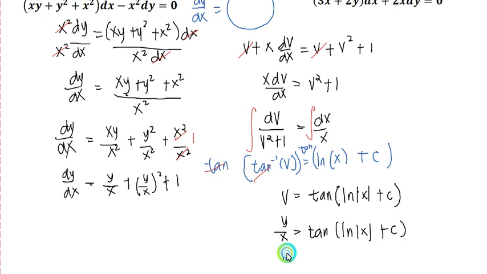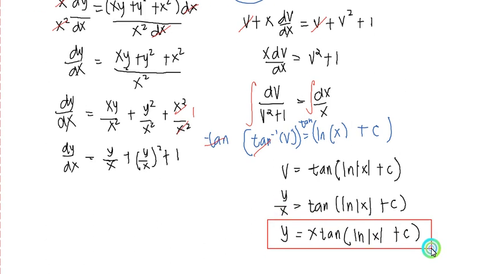Therefore, aton nga final answer, y is equal to, sa linong ko lang ang x, that will be x tangent ln x plus c. So this will be aton nga final answer. Y is equal to x tangent ln x plus c.